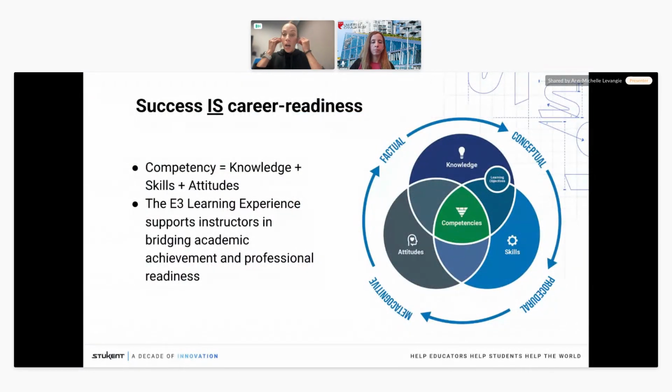This is our model of competency at Stukent. A competency in a career context is the combination of knowledge, skills, and attitudes. Those skills are both technical skills and what we call core skills. I don't love the word soft skills because it implies a hierarchy where it's under hard skills, and that's not the case.